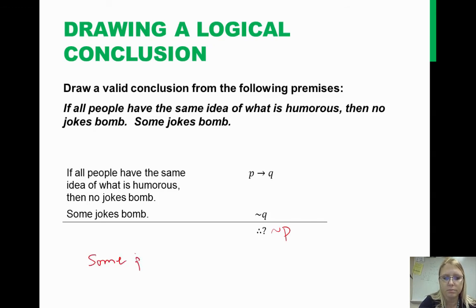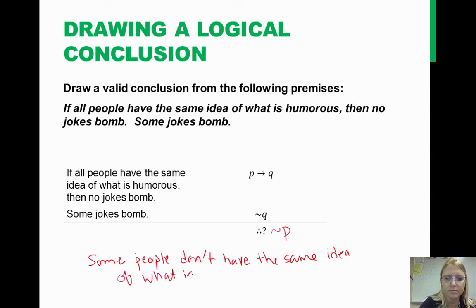Some people do not have the same idea of what is humorous. So that is that one. So remember, for these, you're going to actually refer to the table to find your logical outcome, and then write it in English after that.